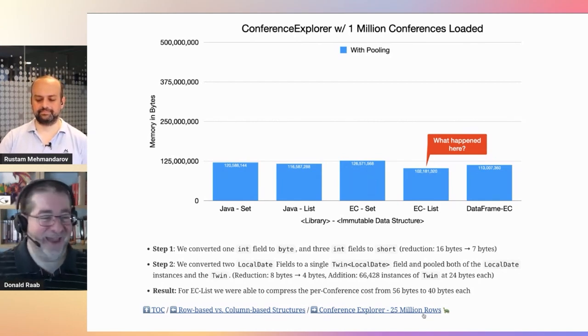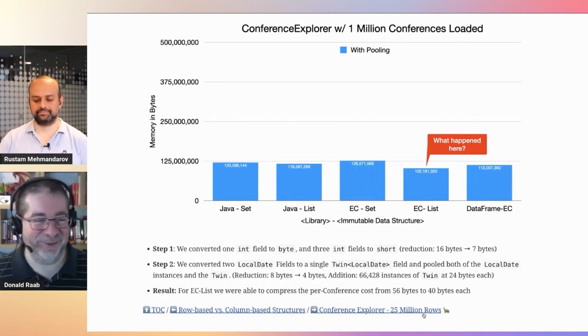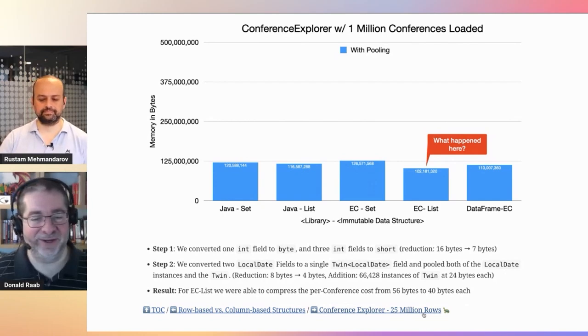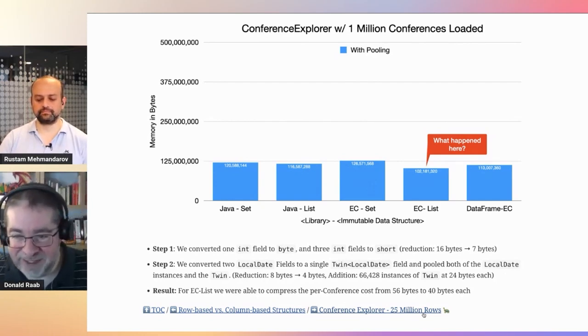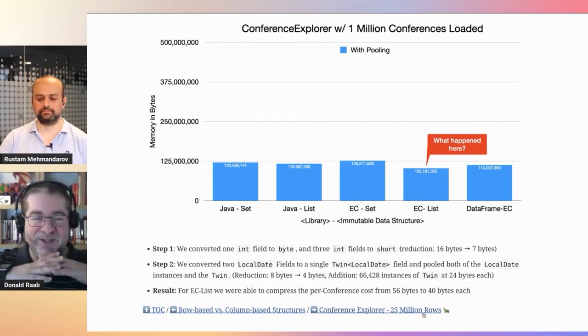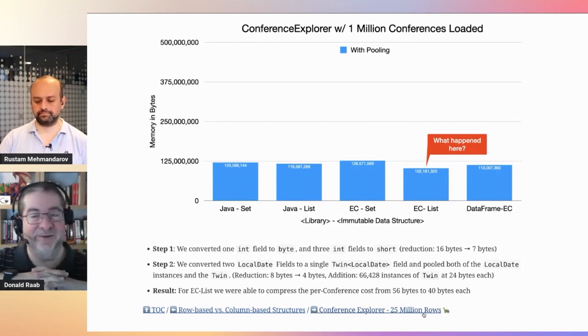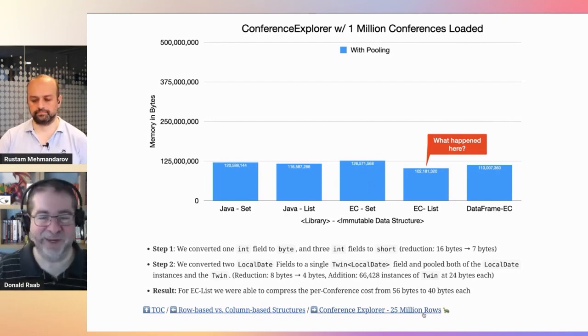So even if I have to create 66,000 of these at 24 bytes, the million times 4 is going to be more than that, right? So we got a savings from there. And what you can see is we effectively got the Eclipse Collections immutable list row-based approach to use a little more than 10 megs less memory than the DataFrame-EC, where we didn't have to really do anything, right? So that's kind of explaining what happened here.